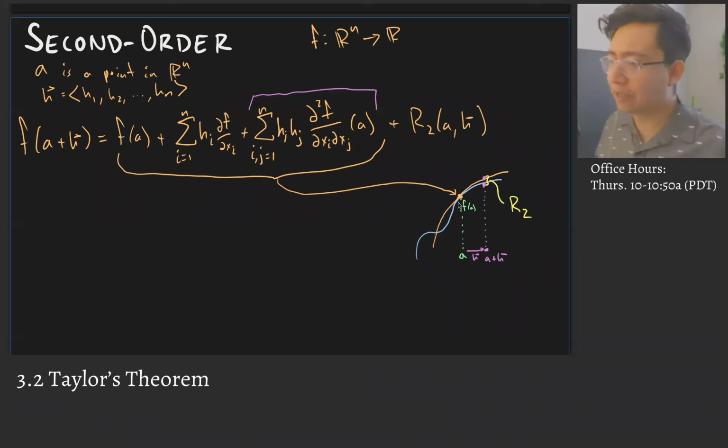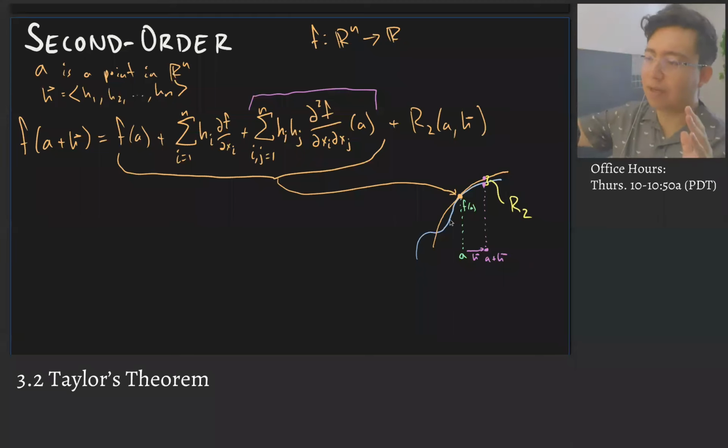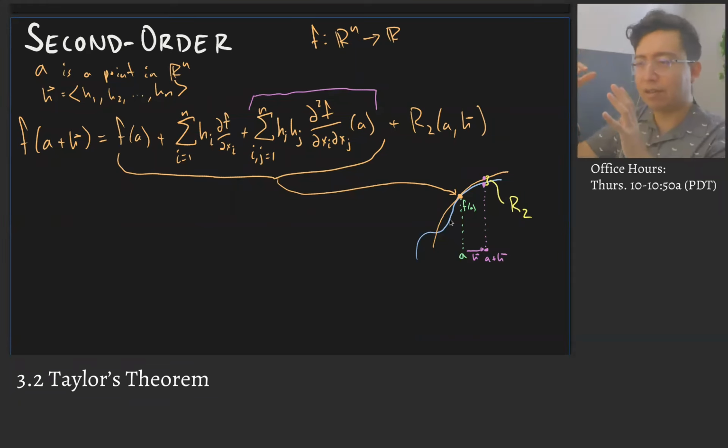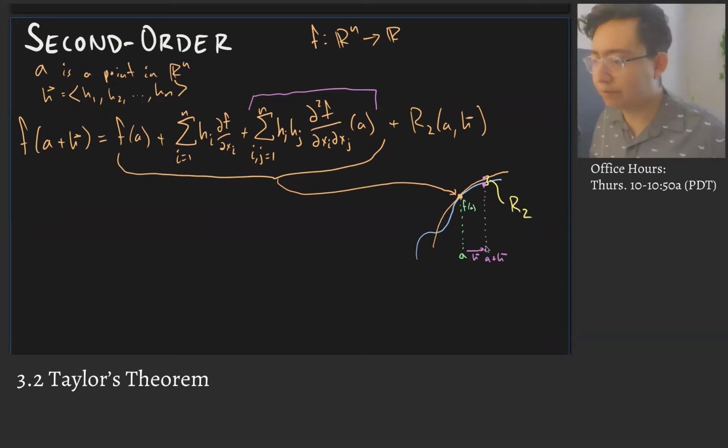But this picture encapsulates that. The first order one approximates with a line, and the second order one approximates with a curve. As the degree gets higher, the orange curve gets closer and closer to the blue curve here. Cool. Any questions about this?